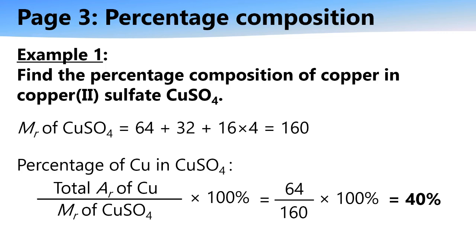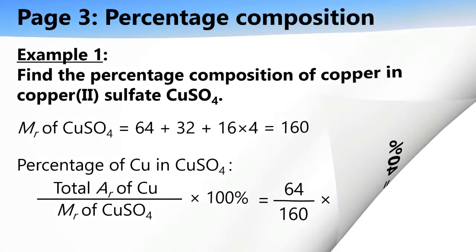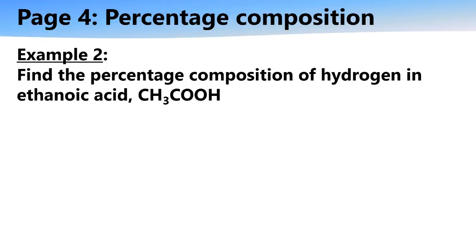Next, let's look at example 2. Find the percentage composition of hydrogen in ethanoic acid. The formula given is CH3COOH. Once again, we need to find the percentage of hydrogen in this entire thing of CH3COOH.